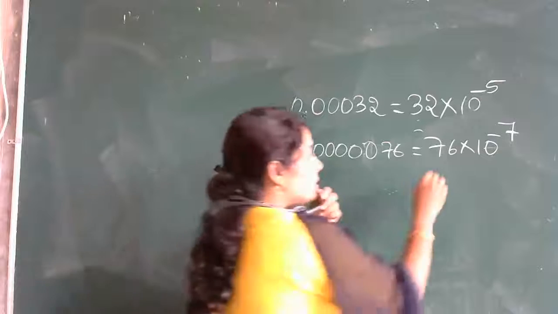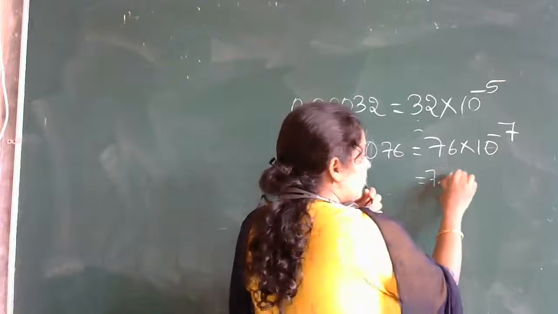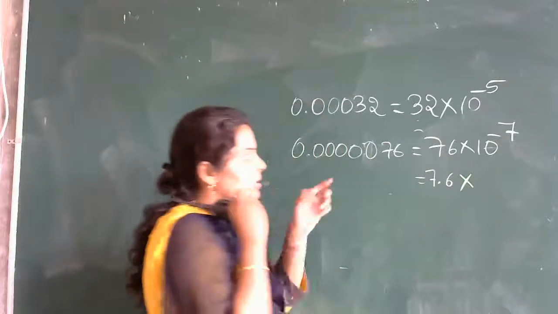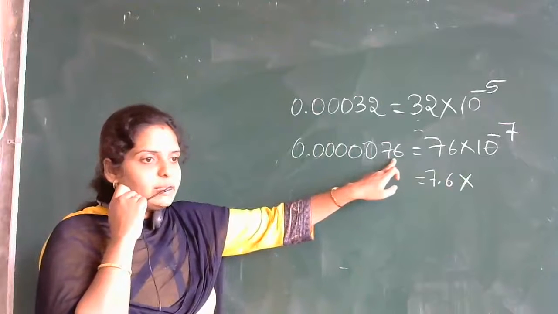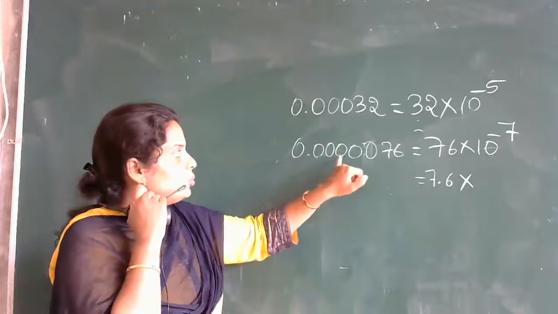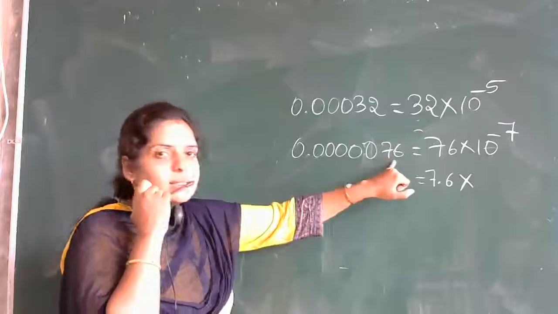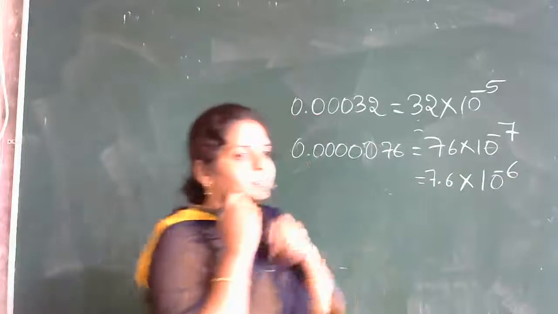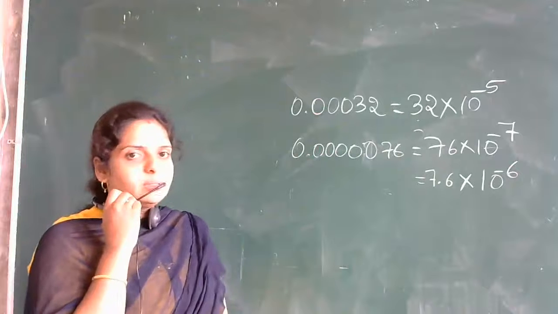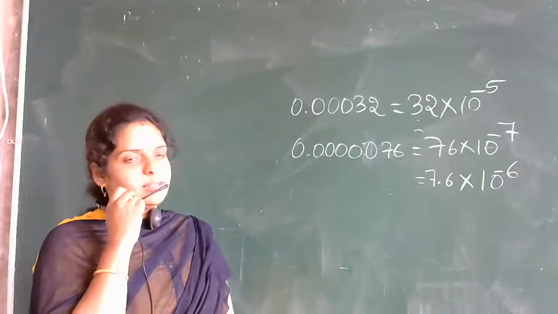Or you can also write it as 7.6 into, where you are shifting your decimal point in between this 76. Now see what happens: 1, 2, 3, 4, 5, 6. That is nothing but 10 raised to minus 6. Are you getting? This one is a little difficult to understand.